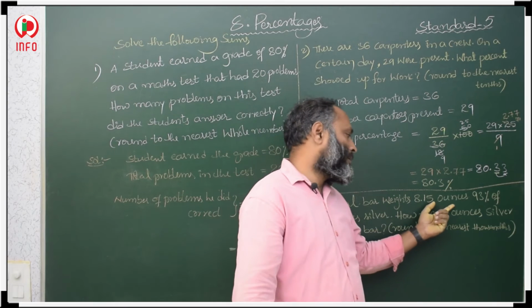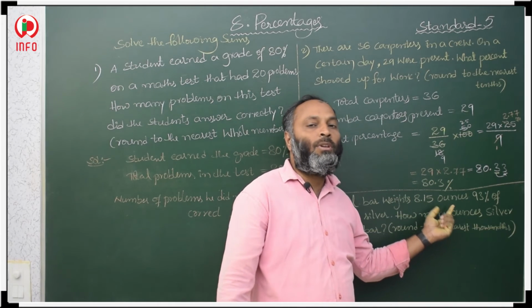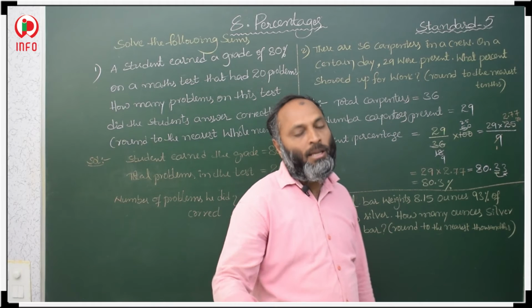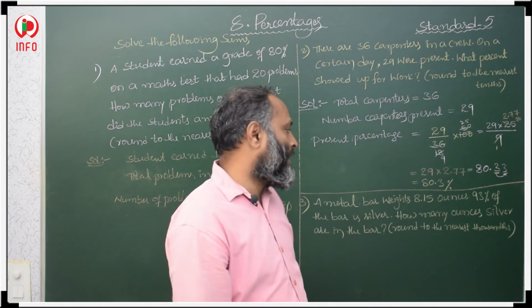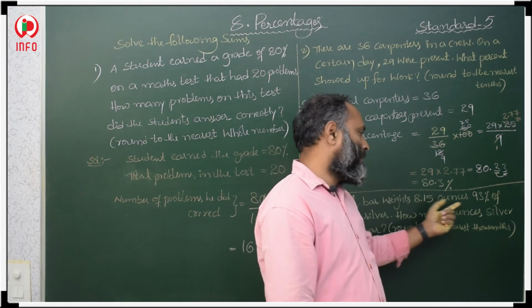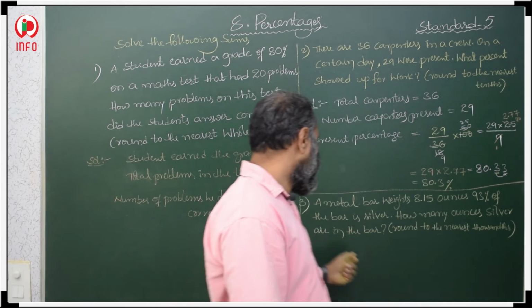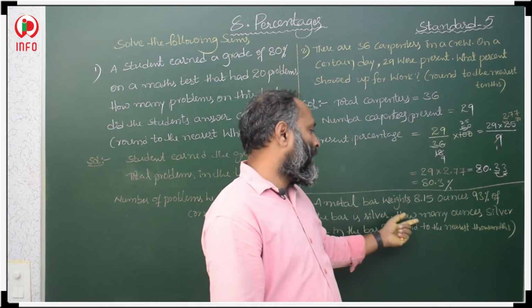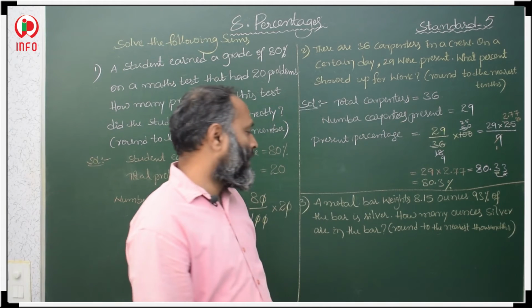We are calculating in ounce. These units are useful for calculating weight, mass and volume of objects. So the metal bar weight is 8.15 ounce. 93% of the bar is silver. Then how many ounce of silver are there in the bar?